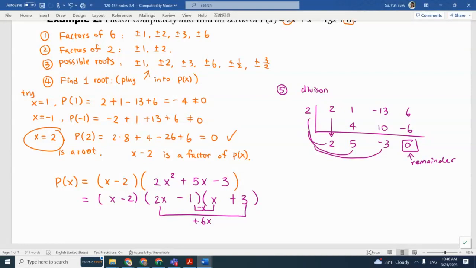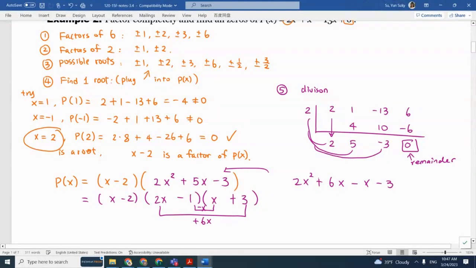Oh, you are doing the grouping. Yeah, you can do that. So this is not multiplying. What she's doing is she rewrites this as 2x squared plus 6x and then minus x minus 3. Is that what you're doing?